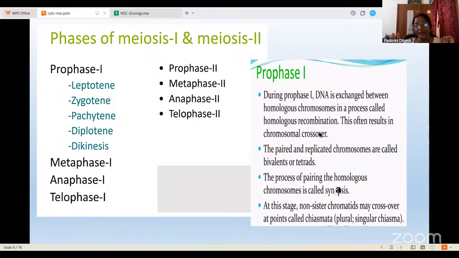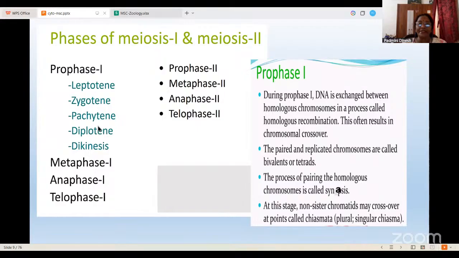That is why the government takes your fingerprint, and also they take the eye print. Why? Because no two persons' eye lenses are going to be the same. That is the beauty of meiosis, meiosis 1, prophase 1, all these stages.